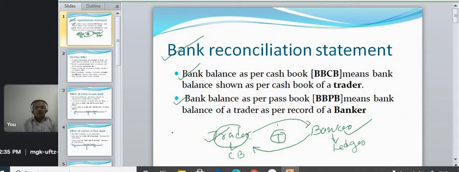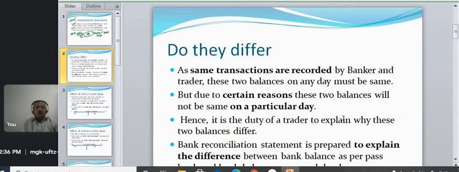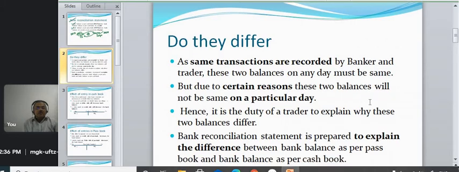So there are two balances: bank balance as per cash book, as per trader, and bank balance as per passbook, as per the banker. I hope this point is clear. Let me proceed. Now, as I explained, the trader and the banker record the same transaction.